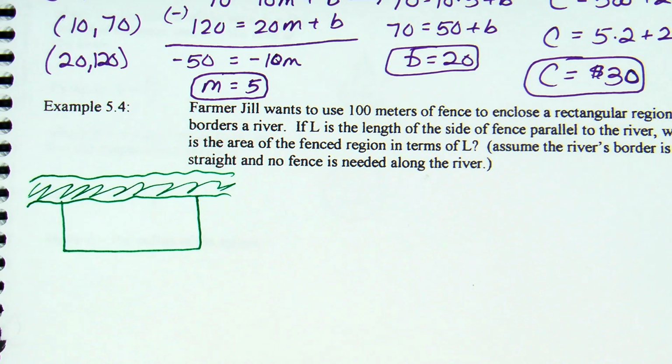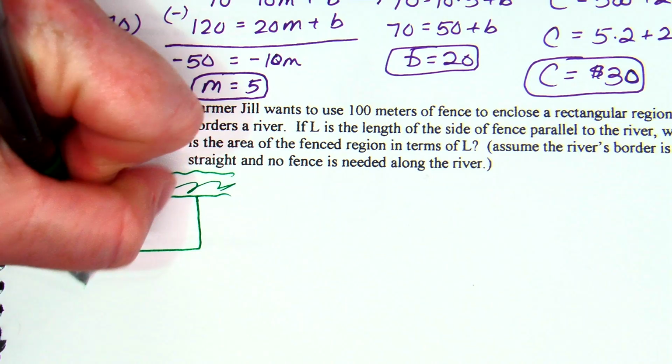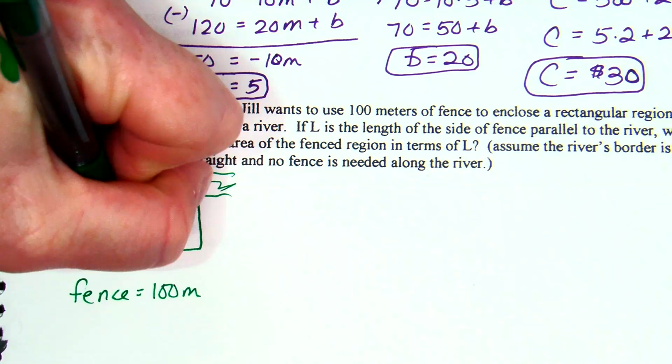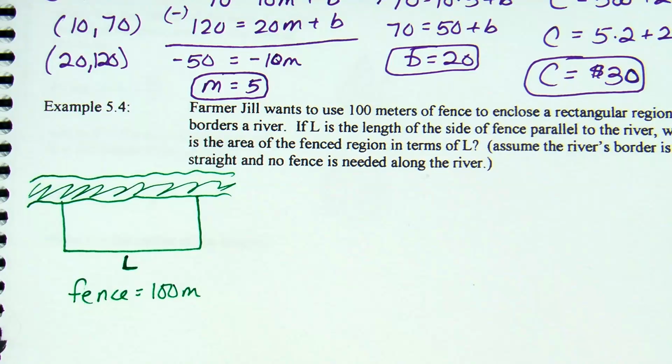Okay? We know she has 100 meters of fence. It says L is the length of side fence parallel to the river. So it says that side is L. And by the way, if that's the length, what do you normally call the other sides? These are widths, right? Okay.